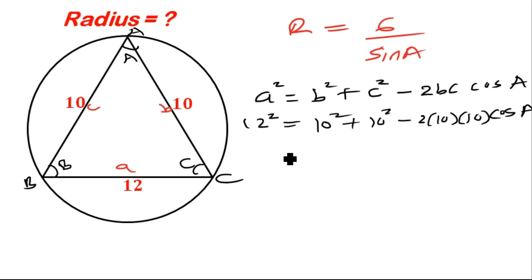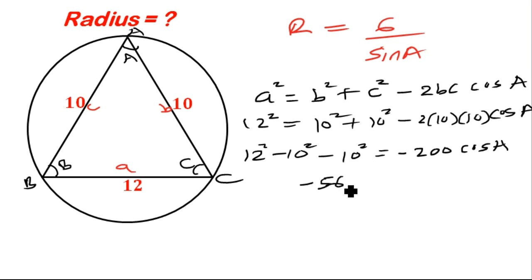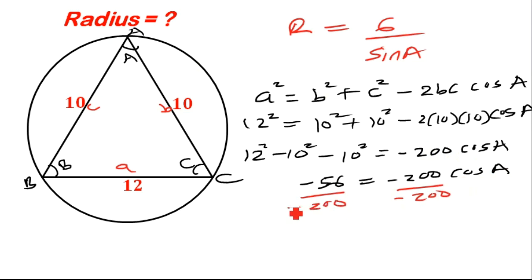So if we collect like terms, positive 10 squared coming to this side becomes minus 10 squared, giving 12 squared minus 10 squared equals negative 2 times 10 times 10, which is negative 200 cos A. Now 12 squared minus 10 squared is negative 56, which equals negative 200 cos A. For us to get cos A, we simply divide both sides by negative 200.